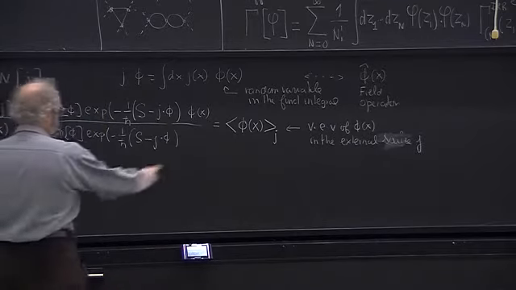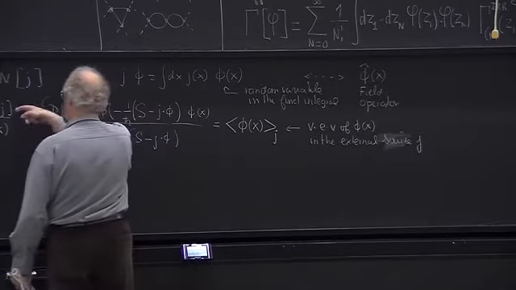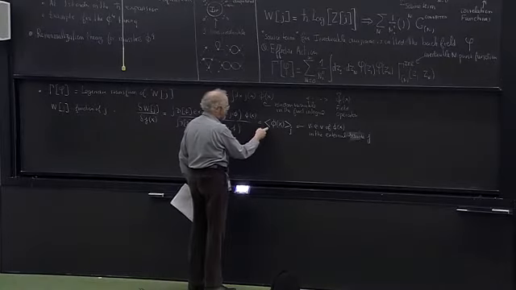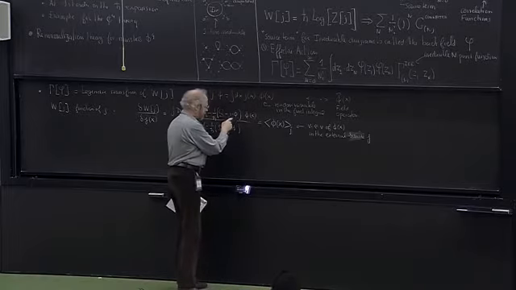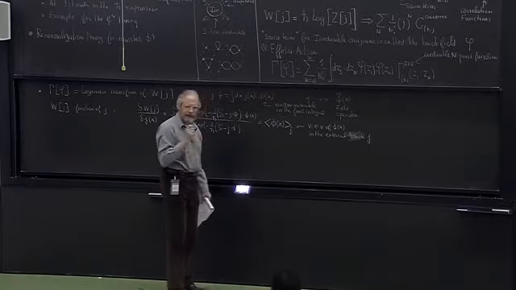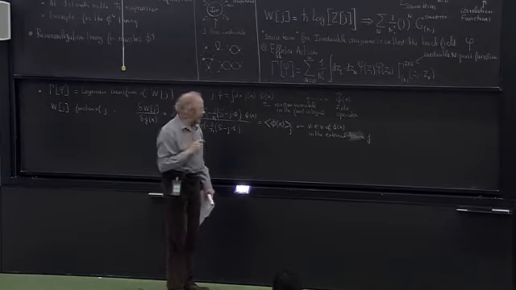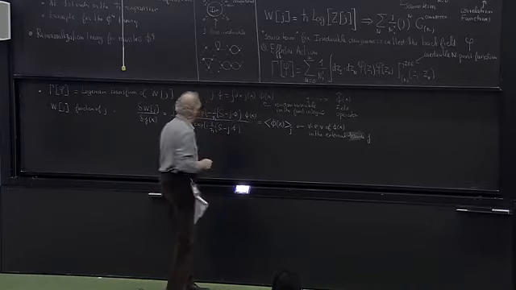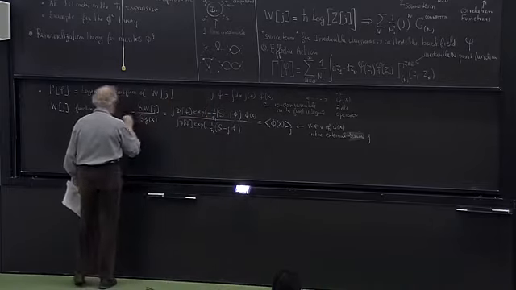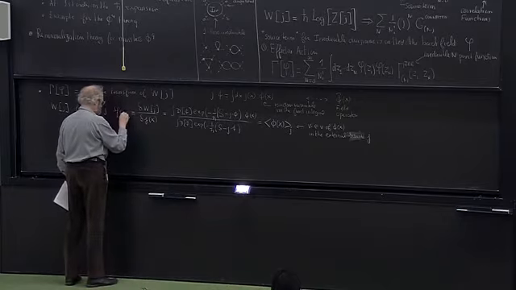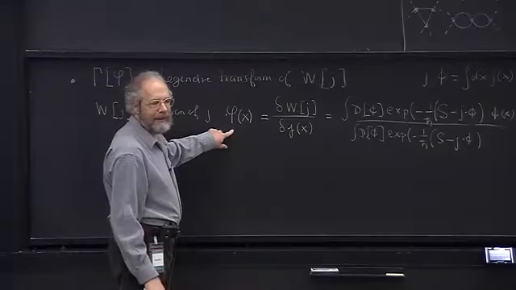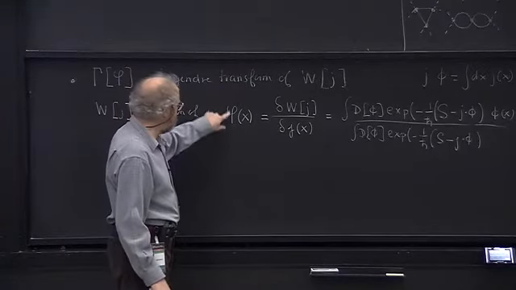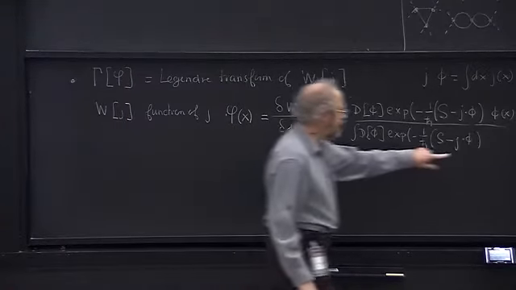So this functional derivative corresponds to the expectation value of phi in the vacuum of the theory where the source term is non-zero, but it's a function of x. So let me call this a different phi of x. This is a standard definition. So this phi is different from this phi.